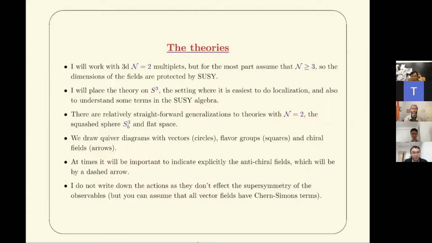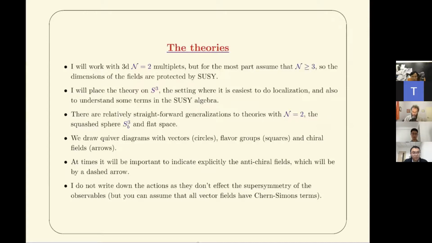Now, a chiral field also always comes with the anti-chiral component of it that you need in order to write a Lagrangian. Usually it's not written on a quiver diagram, but sometimes I will find it useful. I will need to include them explicitly, and I will write them with a dashed arrow in the opposite direction because they are in the opposite representation of the gauge group.